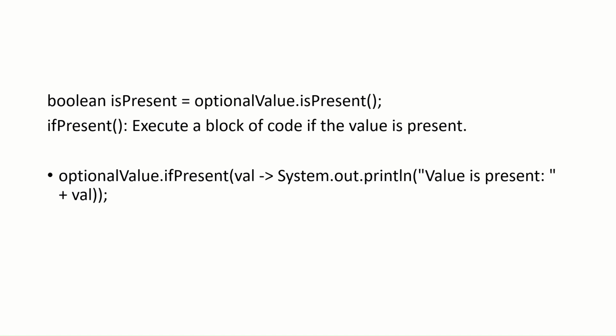Okay, so you can see that we are using this optional value, and we are checking that if it is present, then print out that the value is present and print out the value as well. So it is also taking a Consumer here, and you can use it. Okay, so this is about the methods that are present inside the Optional class.